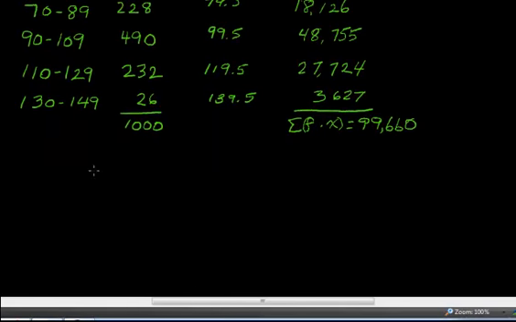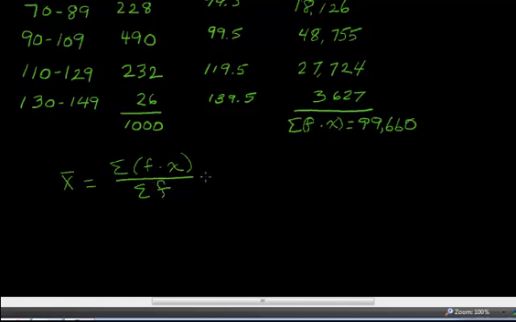Okay, so the average or the mean from this frequency distribution just equals the sum of all the frequencies times their representative value, the midpoint, then divided by the sum of the frequencies.